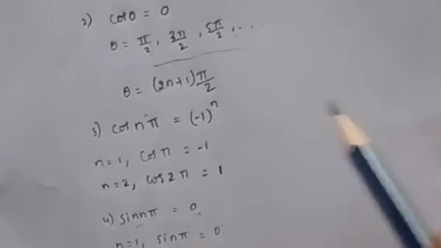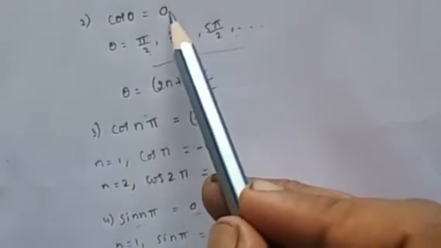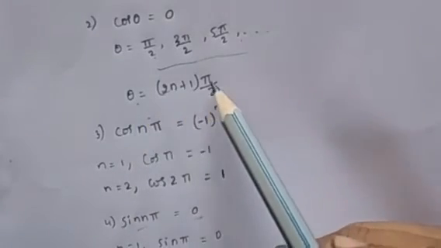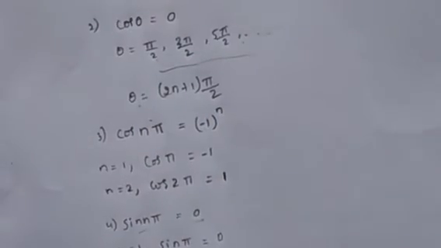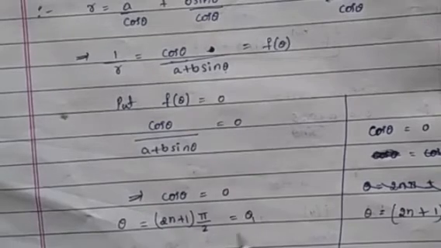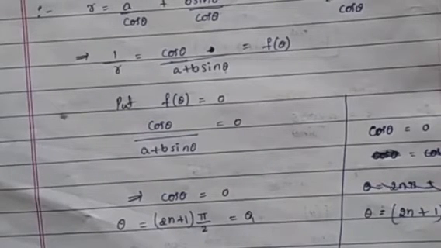The theta value is 2n plus 1 pi by 2. Generally we say theta value is 2n plus 1 pi by 2. You call this theta 1.